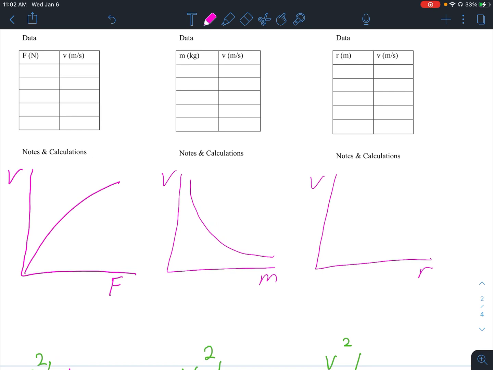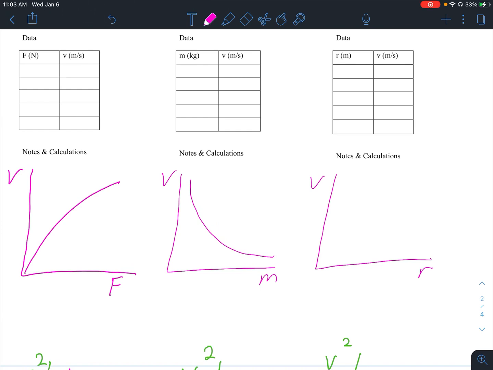Unfortunately, with this simulation, we couldn't change the masses that significantly. I think it only went up to about 300 grams, or 0.3 kilograms. That's not a whole lot of mass or weight. In the lab, we go up to almost 2,000 grams, because the more you vary your data, the more detailed or dramatic the changes will appear.